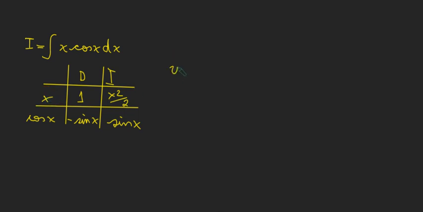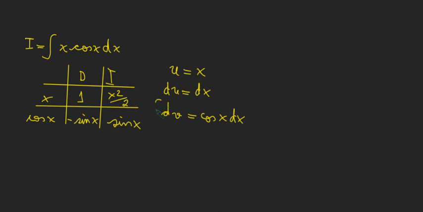So we choose to simplify it, and to simplify it we have to differentiate it, and to differentiate we need to call it u, because what we call u is what we are going to differentiate. So here, as u is equal to x, du will be equal to dx, and the other part will be dv. dv is equal to cosine of x dx.